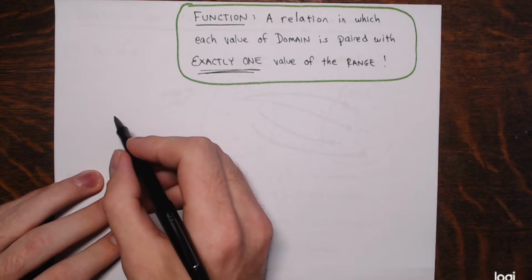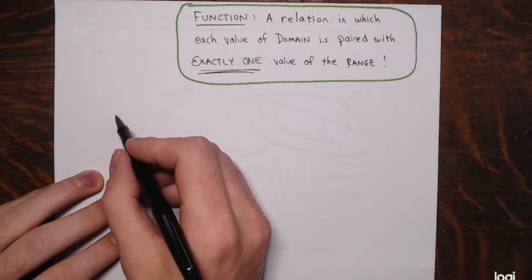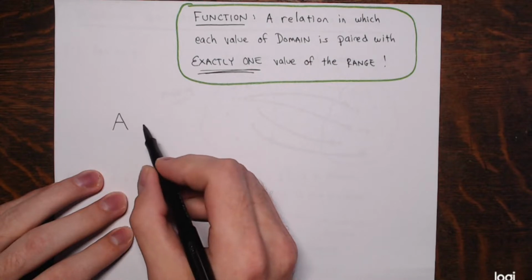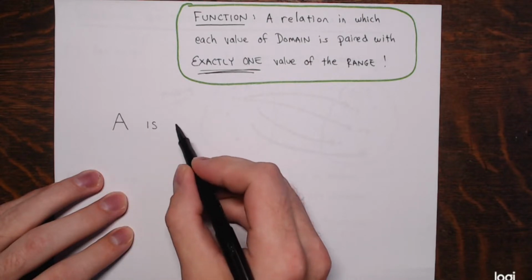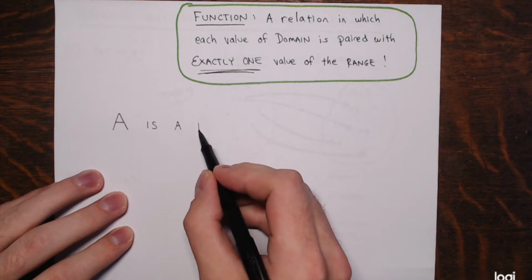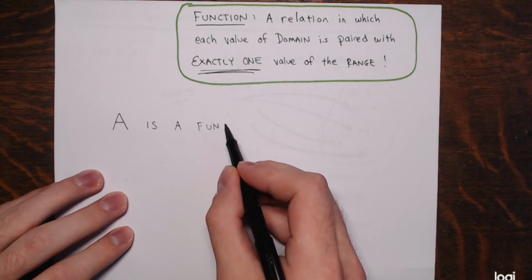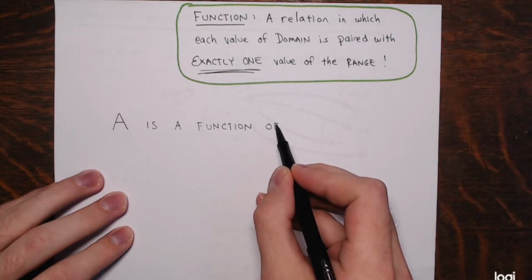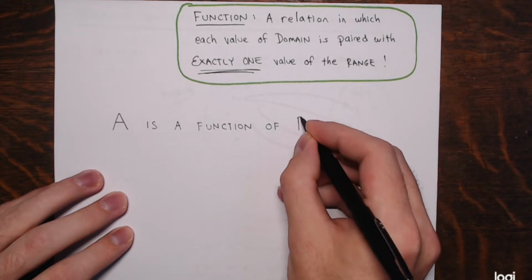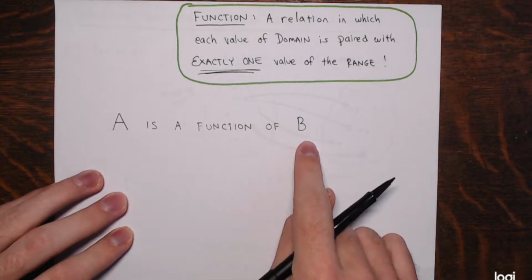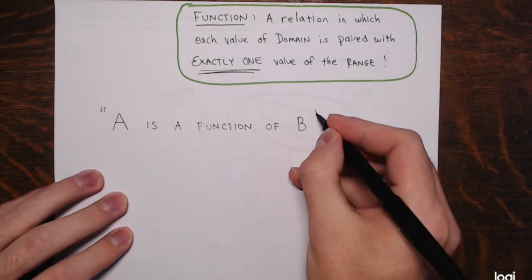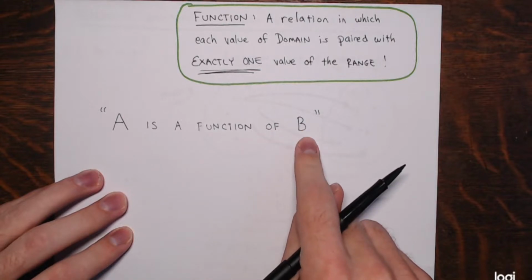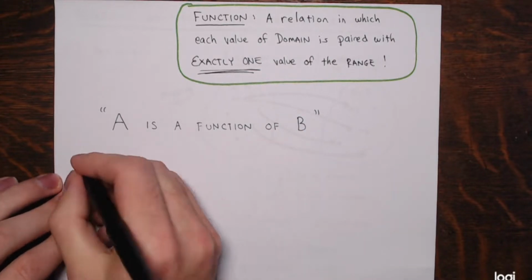You may see, quantity A is a function of B. Now, what does this mean? What does this mean when people say blah is a function of blah?